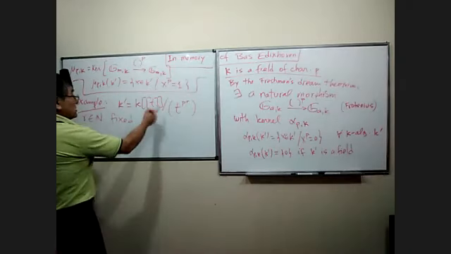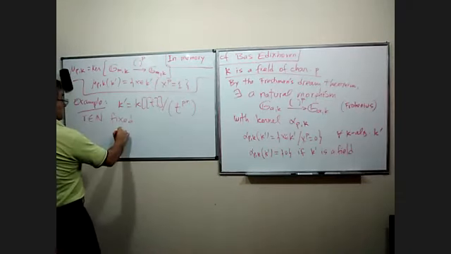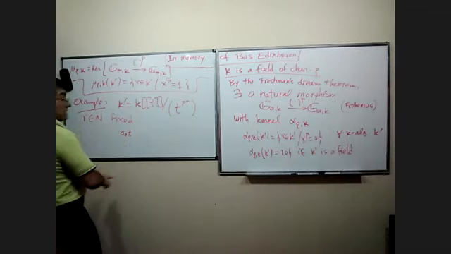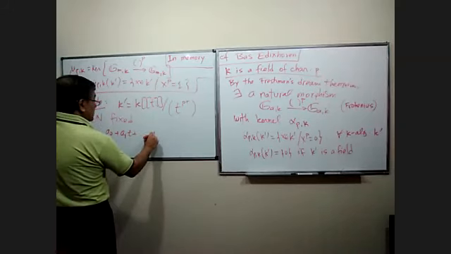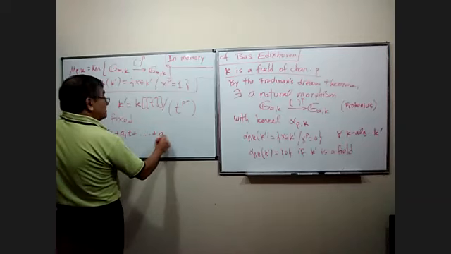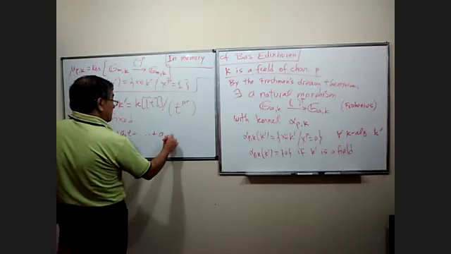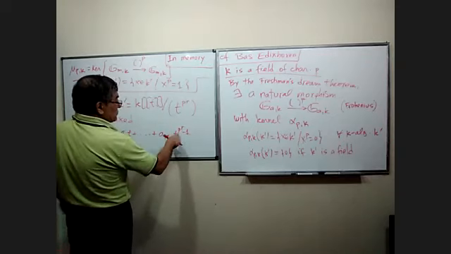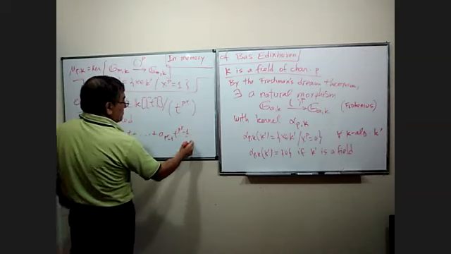So what is an element in here? Just something like this: a 0, a 1, etc., and then after that you get t to the p to the r, which is 0.